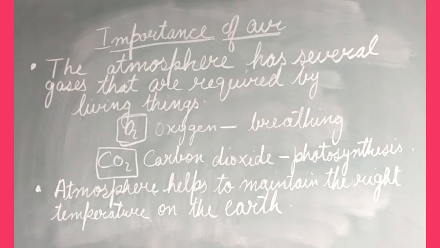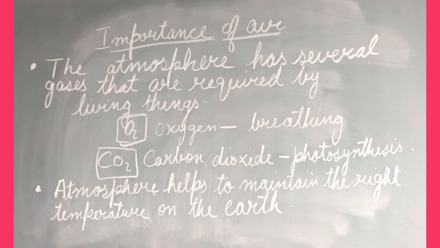It prevents the earth from getting overheated by absorbing a large part of the heat from the sun. It prevents the earth from getting cold at night by returning the sun's heat. So this is the second point why the atmosphere is important.